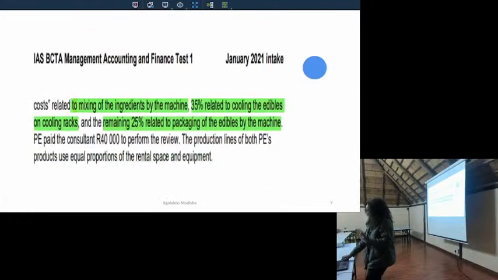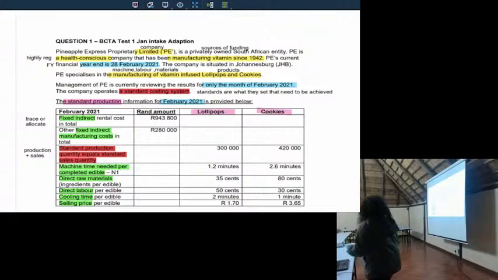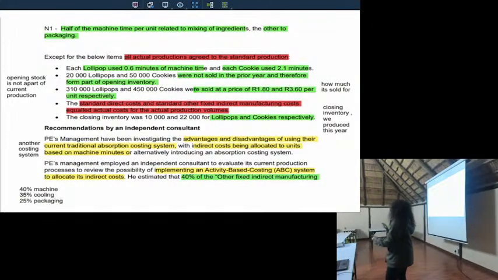Okay, let me take it back to the information. So there's the indirect cost that we're allocating, and that 40.